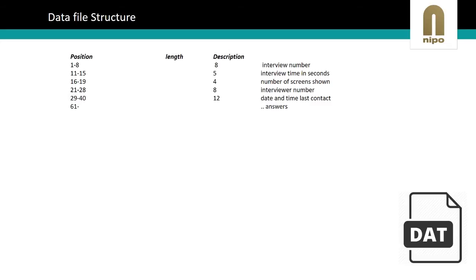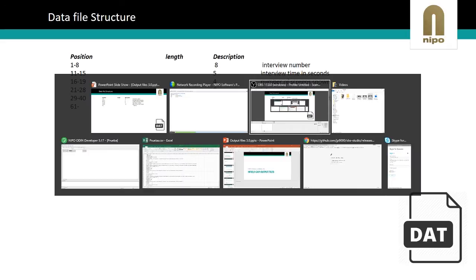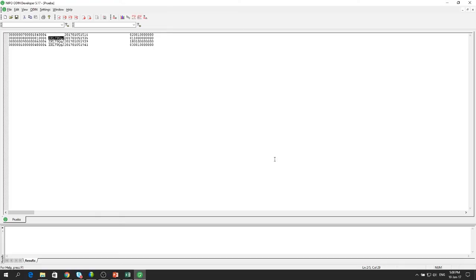It's something like this. Remember that I'm showing this just to show you that when we say the interviewer number, this one is the internal code created by the system when you create an interviewer, because this is not the name you define.